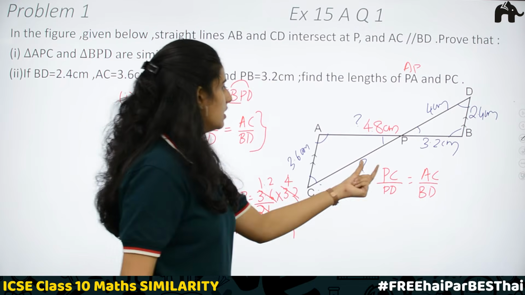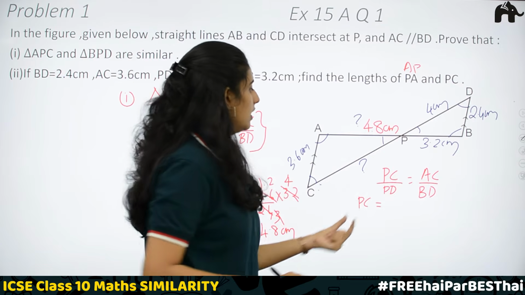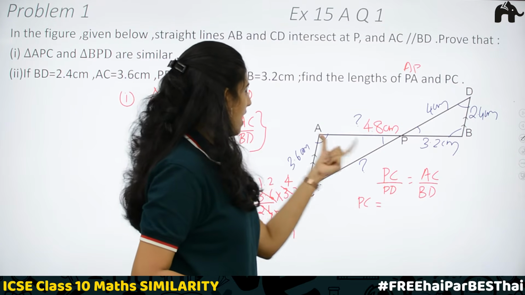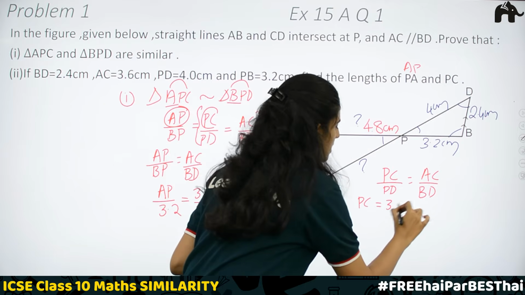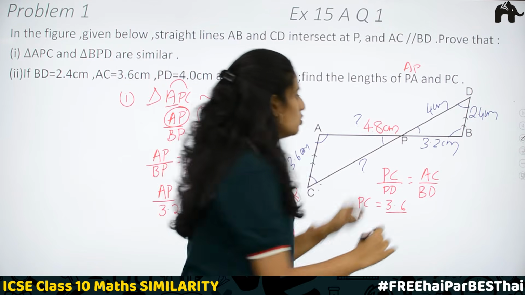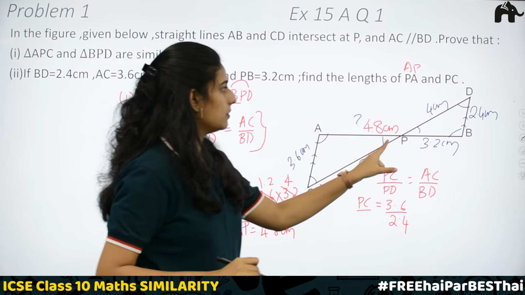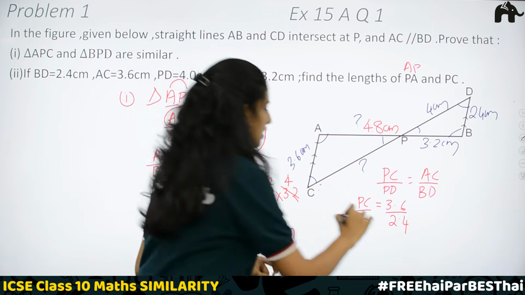Put the values. AC is 3.6 divided by BD. The value of BD is 2.4. And in the denominator PD, the value of PD is 4 centimeter.